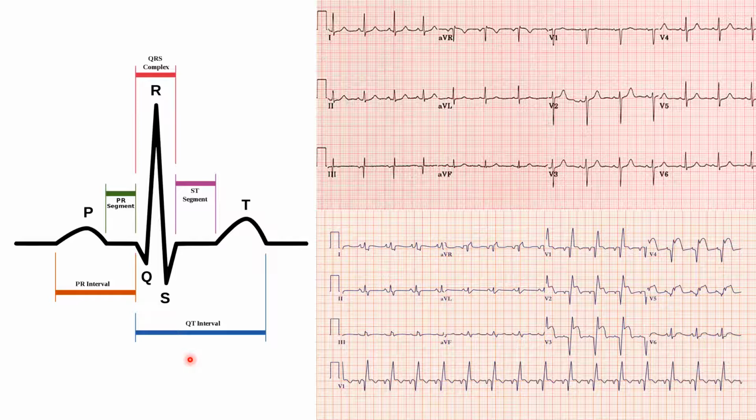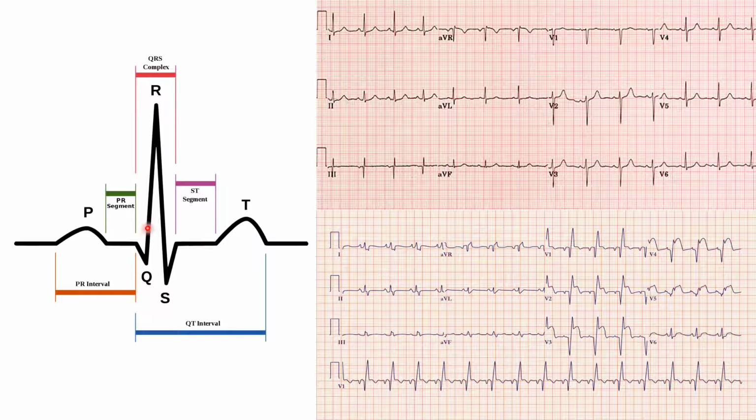Once we say wave, a wave is a positive or a negative deflection from the baseline that indicates a specific electrical event. As you can see in the illustration, waves can be the P wave, the Q wave, the R wave, the S wave, and the T wave.